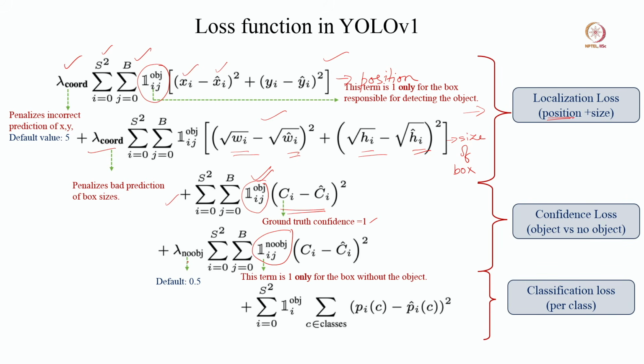Here the lambda no object default value is 0.5. This is kept because a lot of boxes may come from the background, where no objects are present. Ci and Ci hat are the ground truth and the predicted confidence. In this case the ground truth confidence Ci will be equal to 0, which means there is no object inside the box.